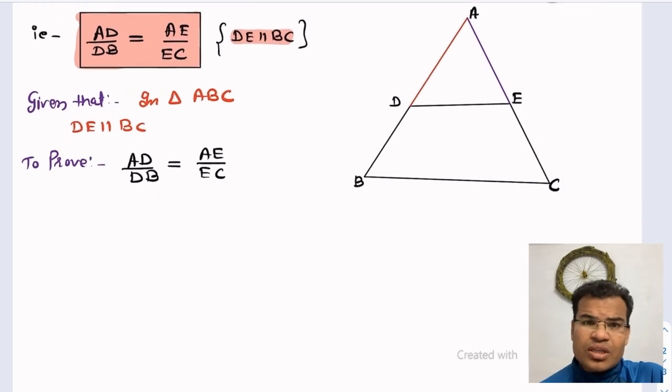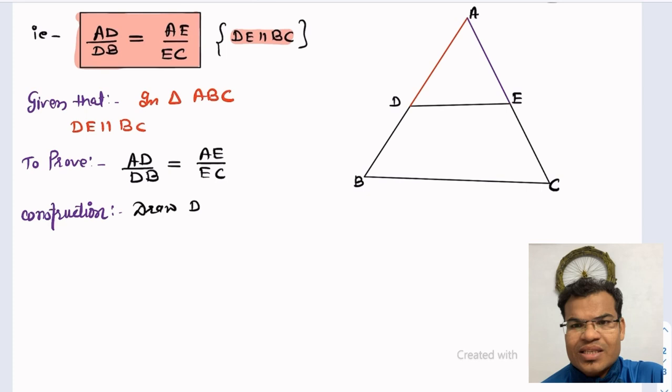Since this is a theorem, a theorem always requires construction. So I write here construction, and I will do some construction to prove my theorem. So guys, in construction we'll draw perpendiculars from the point D to AC and from E to AB. Okay, both the things.